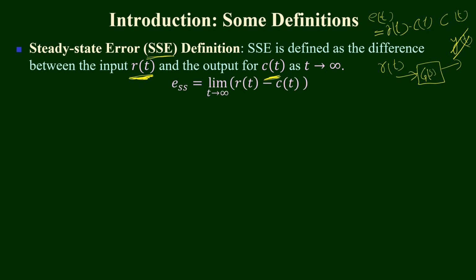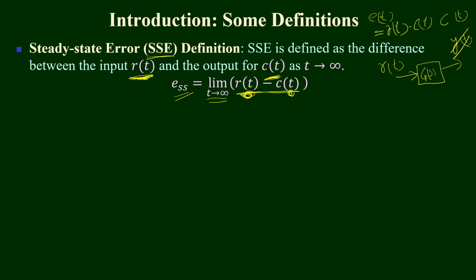For the steady state error, fundamentally we mean the difference between the reference signal or the desired signal and the plant output as time tends to infinity. So the steady state error is the error of the output with respect to the reference input, or desired input, as time approaches infinity.